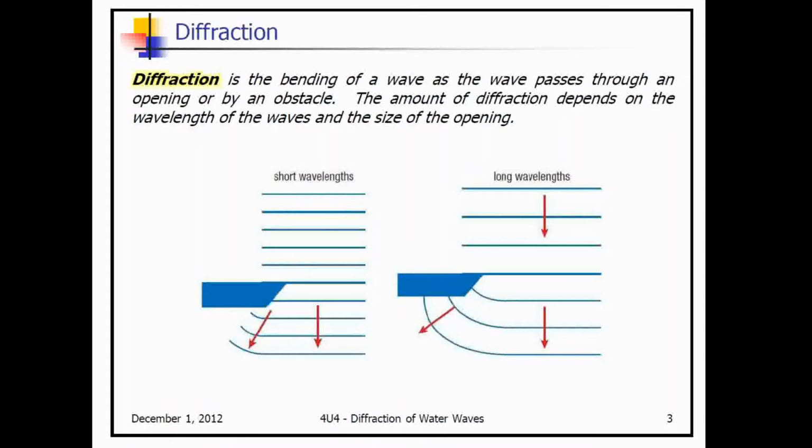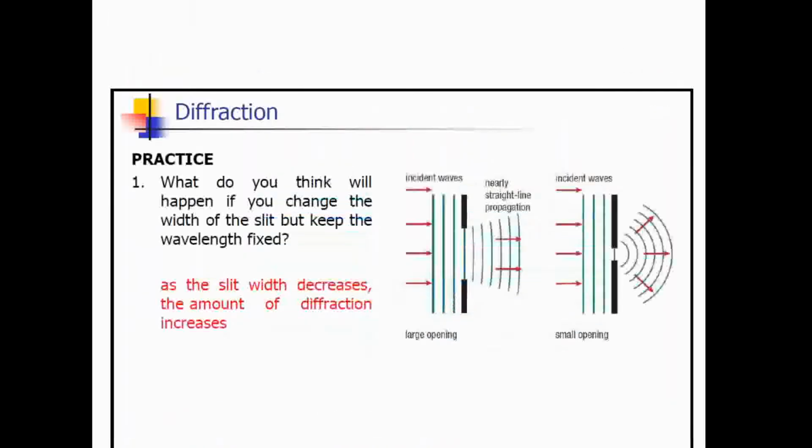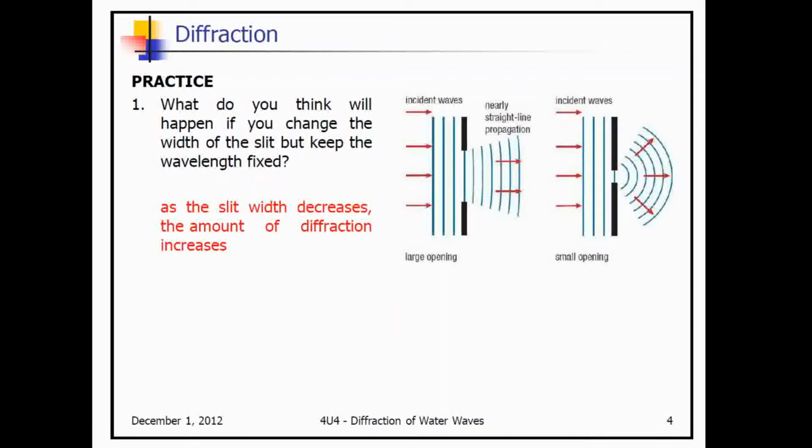The amount of diffraction we see depends on both the wavelength of the wave and the size of the opening. So this question says, what do you think will happen if the width of the slit is changed, but the wavelength is kept fixed?